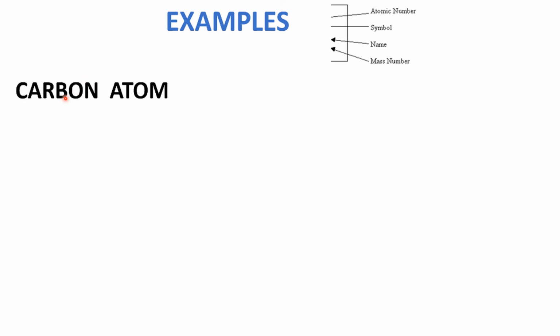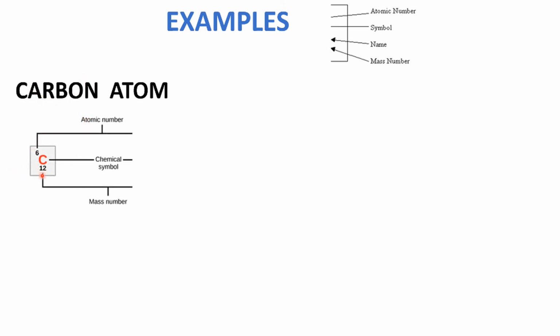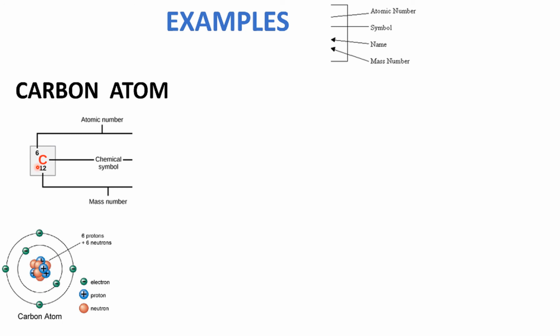Some examples, like the carbon atom. The carbon atom has atomic number 6 and mass number 12, and this is the chemical symbol. In the carbon atom, the atomic number means the number of protons, which have a positive charge, equals 6, and the mass number means the number of protons and neutrons equals 12.